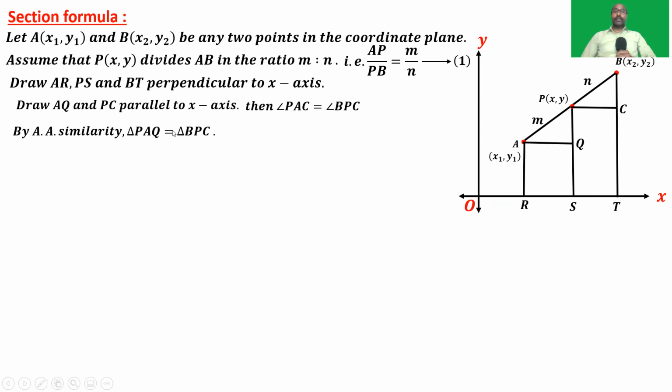Here we write the similarity symbol: triangle PAQ is similar to triangle BPC. And we know that in two similar triangles, the ratios of corresponding sides are equal. So we can write AP by PB is equal to AQ by PC is equal to PQ by BC.